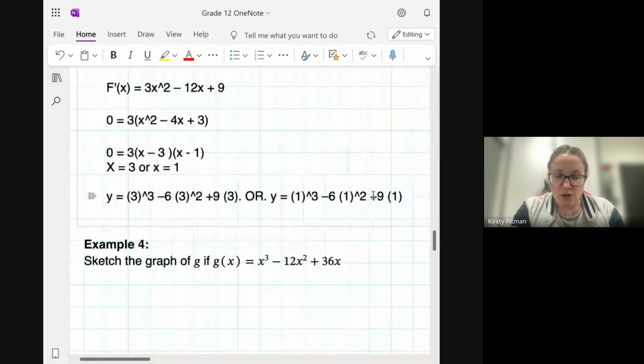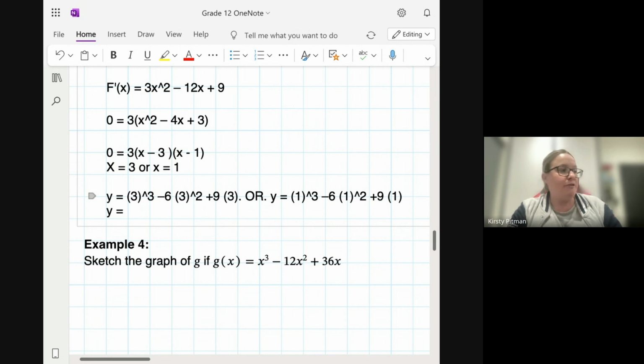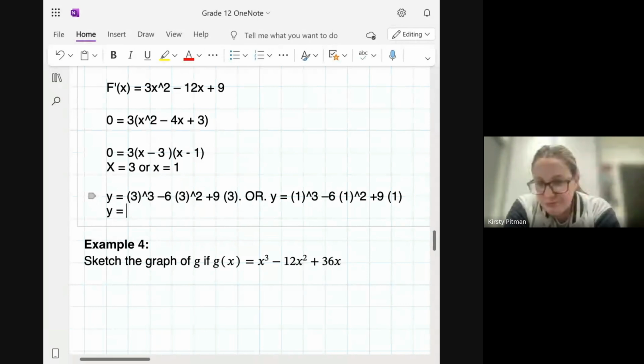So for my first one, where x was equal to 3 in my derivative, what do I get for my y value, please? Put it into your calculators. What do you get? Make sure you're calculating correctly.